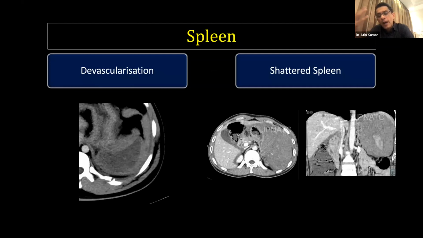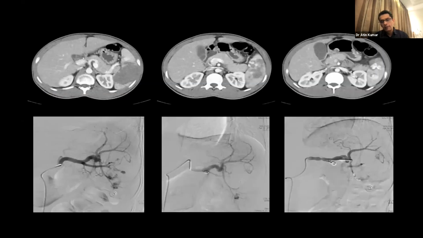However, patients of higher grade will have more chances of failure of conservative management, as will patients with vascular injuries, pseudoaneurysms, or contrast extravasation. They would typically require intervention, either in the form of angioembolization, if it is available, which in our center we commonly do, or otherwise operative repair, which is by splenectomy.